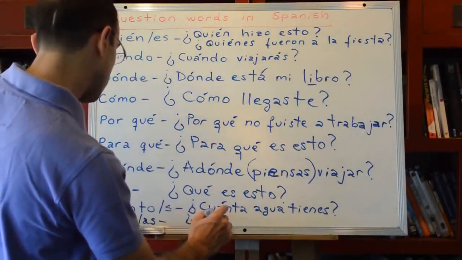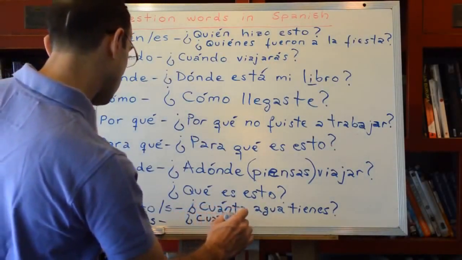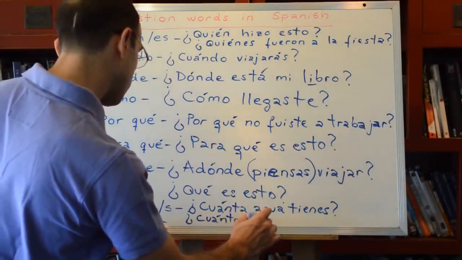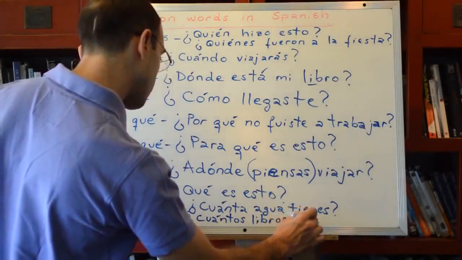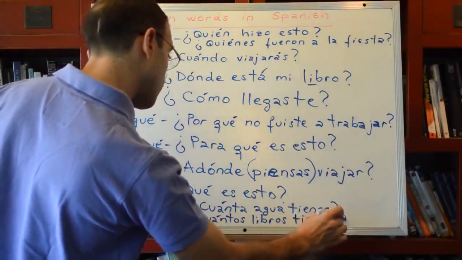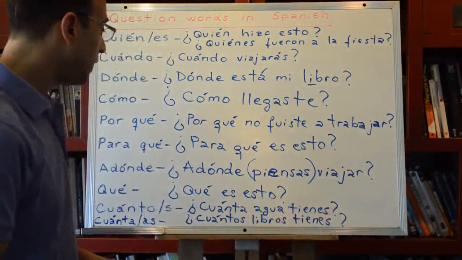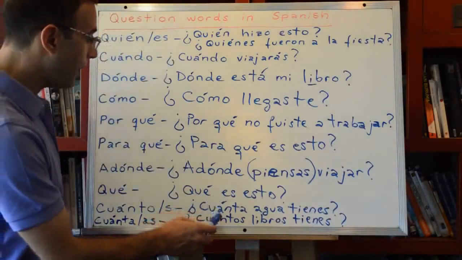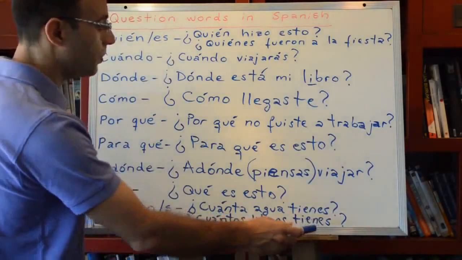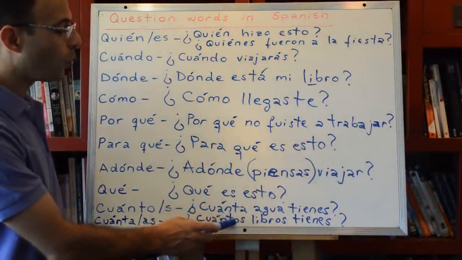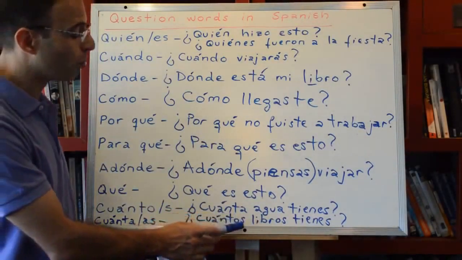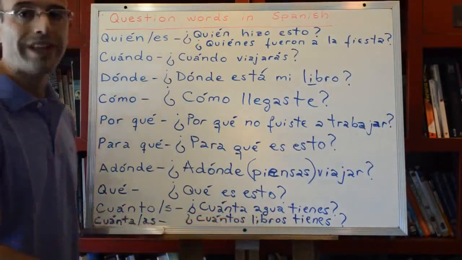Now let's use countable, right? ¿Cuántos libros tienes? How many books do you have? You see, here we are not using cuánto or cuánta. We are using cuántos with S, because books we can count.